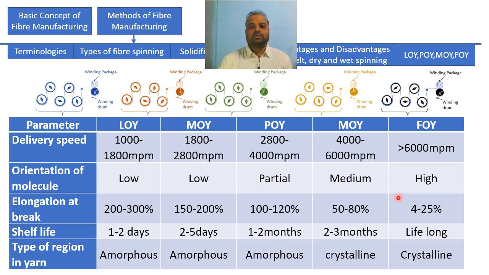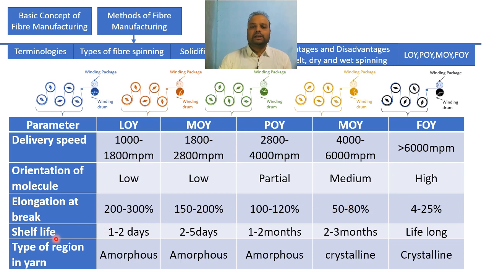Similarly, in case of FOY, stretchability is much less. That means the FOY yarn is not stretched multiple times like in case of LOY. LOY yarn has the ability to stretch to multiple times its original length, but FOY yarn does not have that kind of ability. It cannot stretch more than 5 to 20% of its original length.